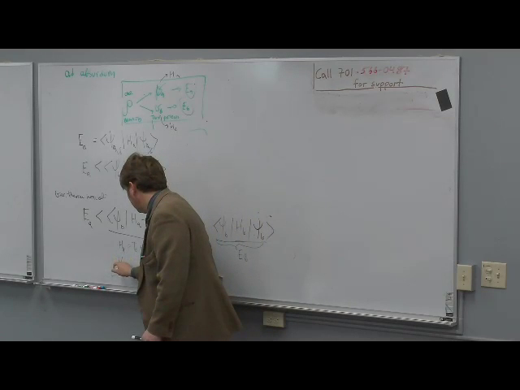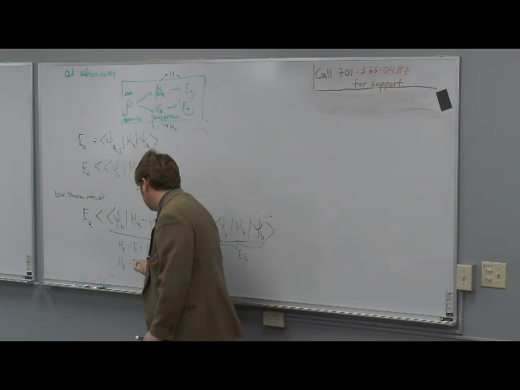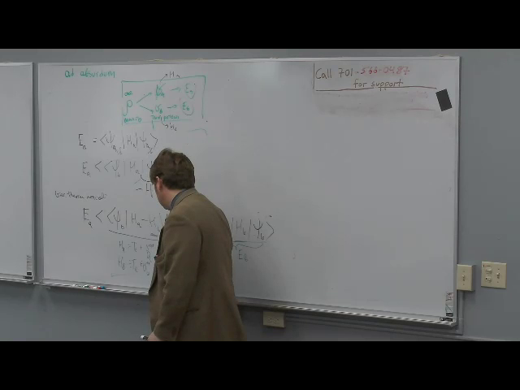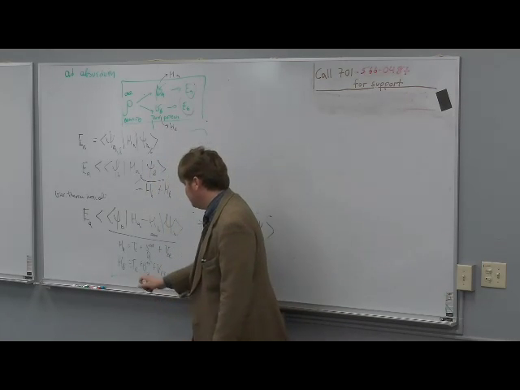And then Hamiltonian B is the kinetic energy of electrons plus external potential B plus electron interaction.